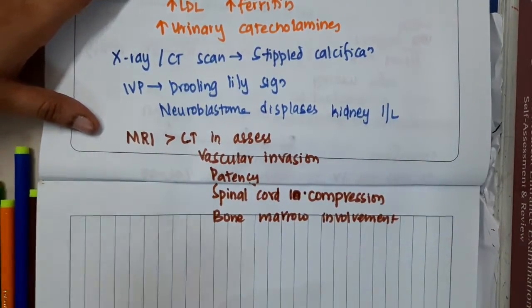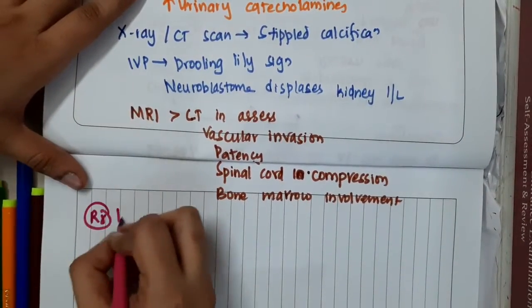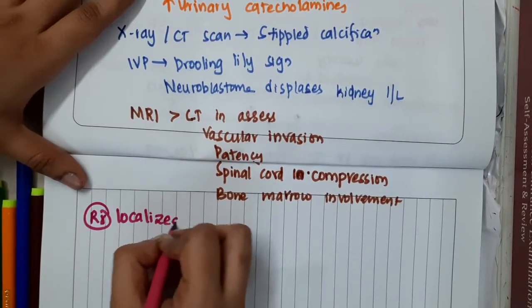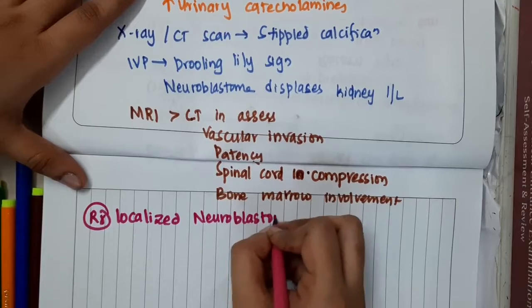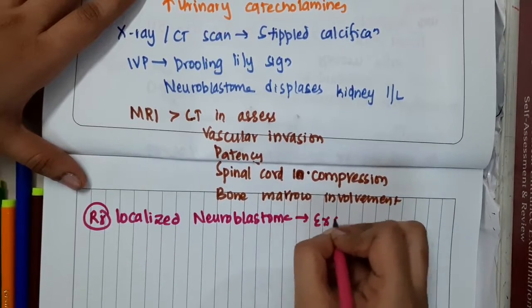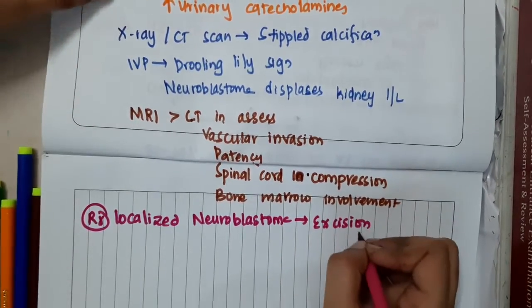Then the treatment: if there is a localized neuroblastoma, then we can excise the tissue easily.